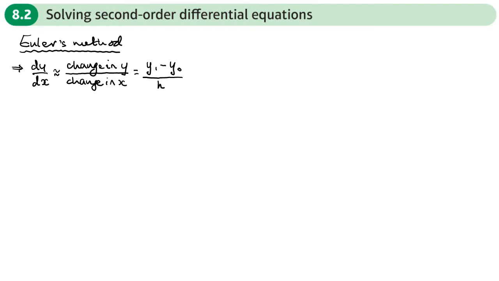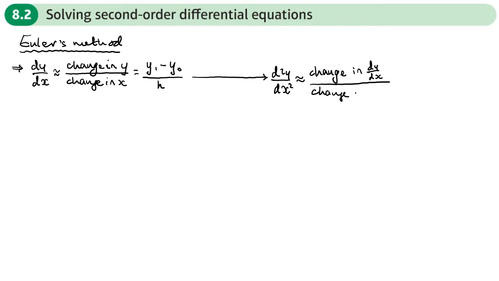just h. Now we can extend this and say, right, okay, if it's the second derivative, how do we define the second derivative? Well, the second derivative can be defined as approximately equal to the change in dy/dx, so that's the change in the first derivative over the change in x.